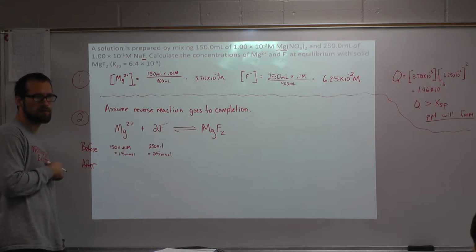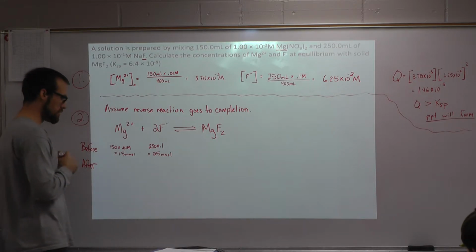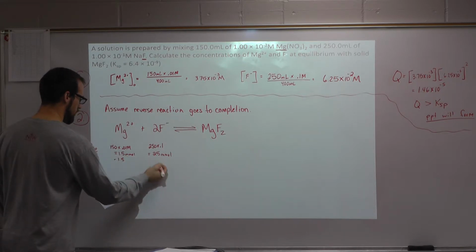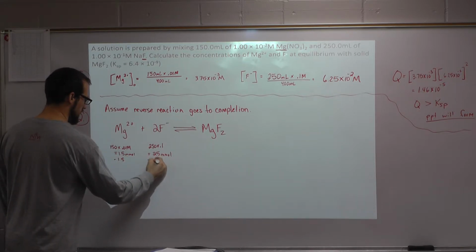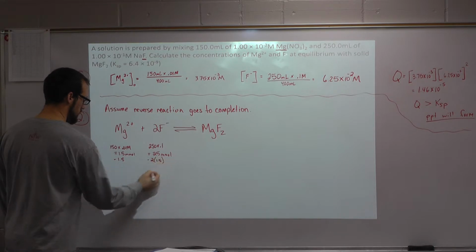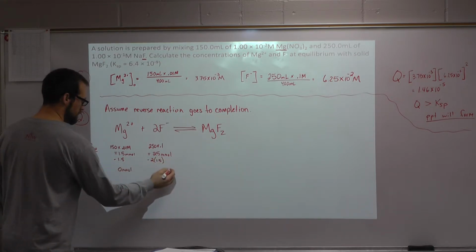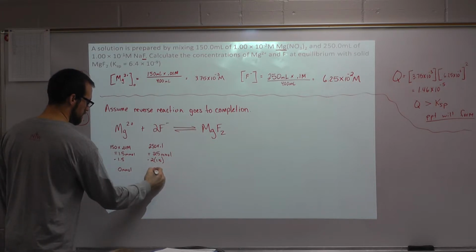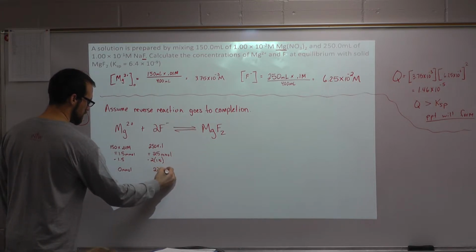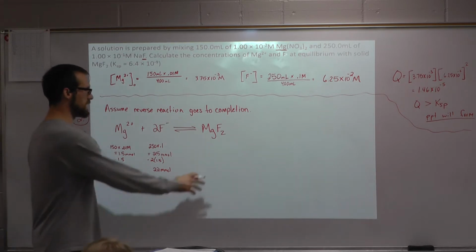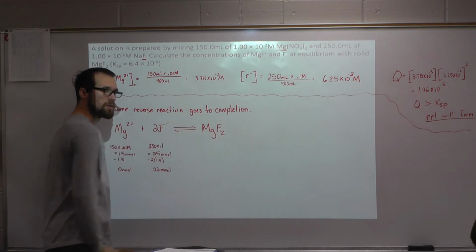So whatever you were most comfortable with. Okay, so minus 1.5, minus 2 times 1.5. I don't really care about this because it's not even in the equilibrium expression.